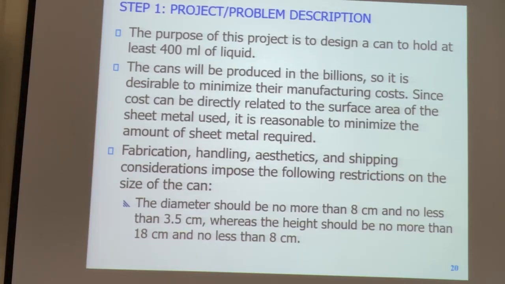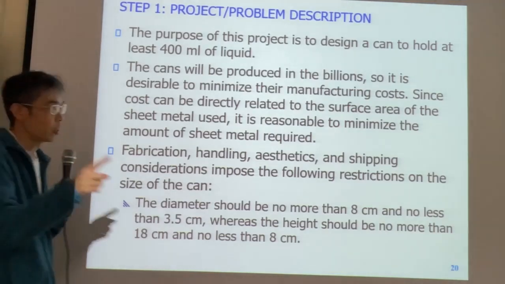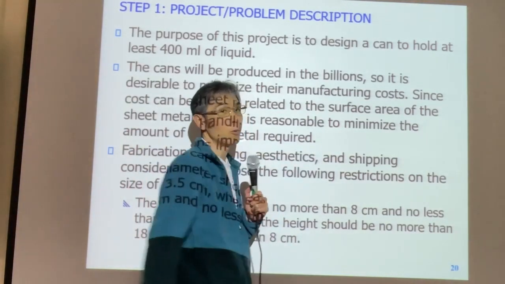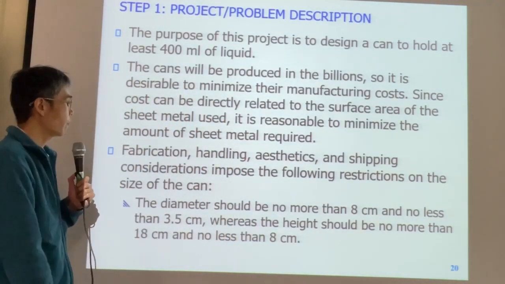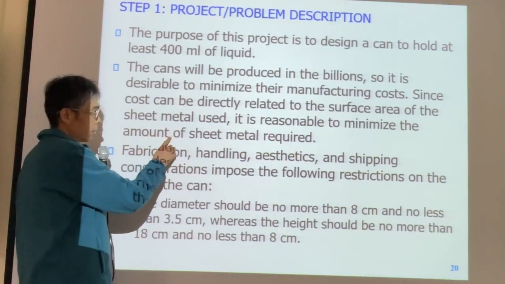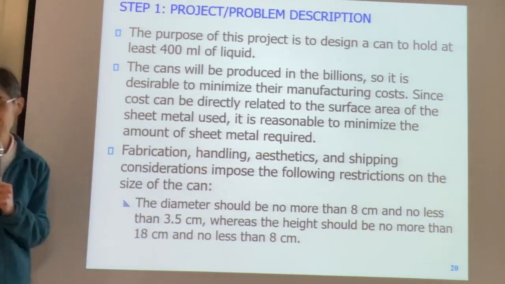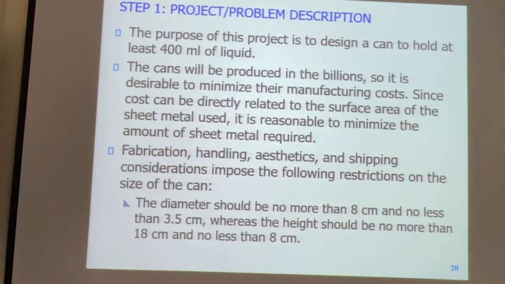Since costs can be directly related to the surface area of the sheet metal used, it is reasonable to minimize the amount of sheet metal required. See, you see minimize, another key word. This might be the objective function. The objective function is to minimize the amount of sheet metal. Okay, probably you know what's going on.